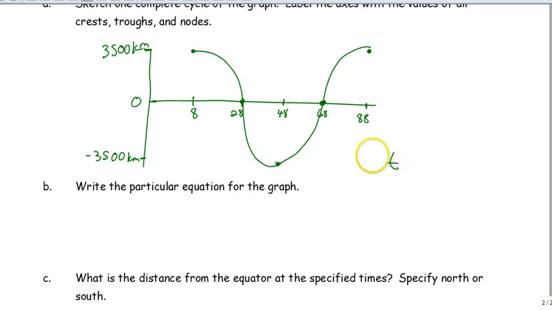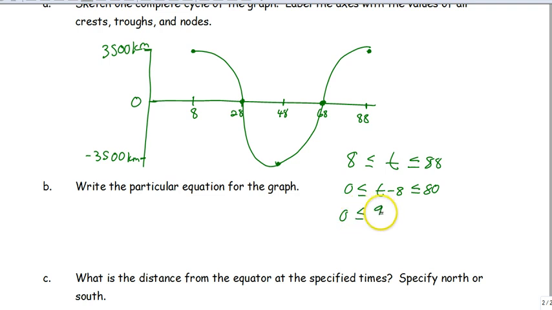So we know our T is between, for the cycle we just drew, 8 and 88. When we move the 8 over, don't forget to move the 8 into the middle too. Then how do I get from 80 to 360? Hopefully you figure out it's 4.5 or 9 halves.